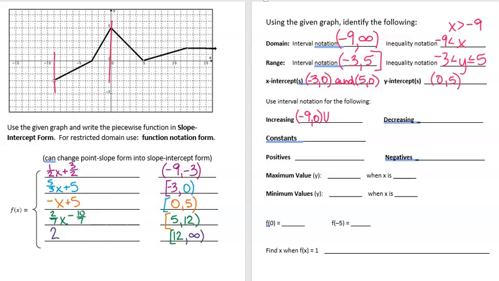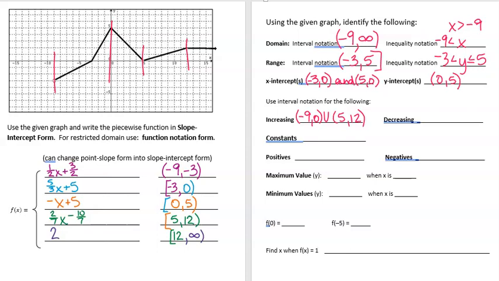It decreases until it gets here. It starts increasing again until it gets here. And then it stops increasing because it's straight, it's constant after that. So the second increasing interval is from 5 all the way to 12. So from 5 to 12. Again, we're not including those points where change is occurring.